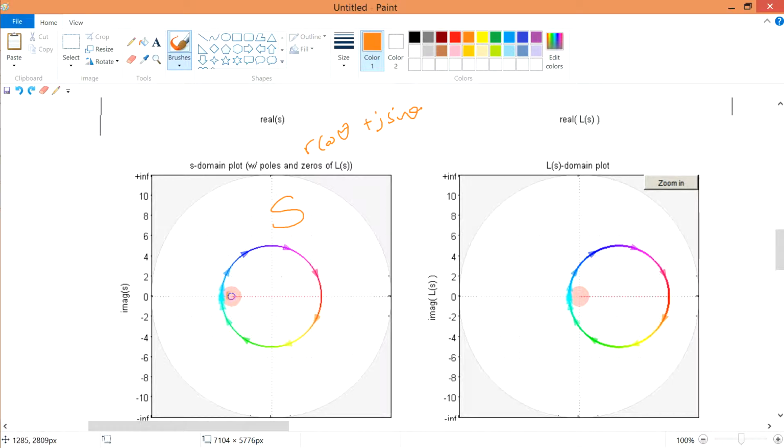This graph over here helps you to plot your zeros. You have s plus 4, and therefore I plot my zero over here. I'm simply plotting a zero. When you plot your root locus, you plot your zeros and your poles over here, and then you visualize. This is simply plotting the zero.